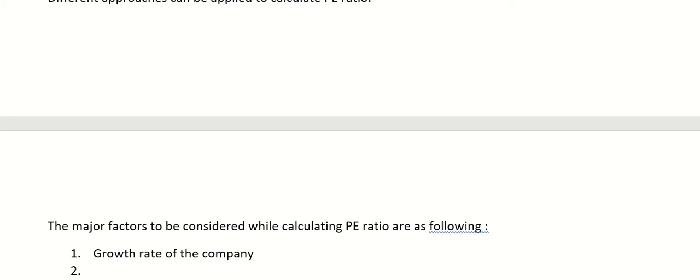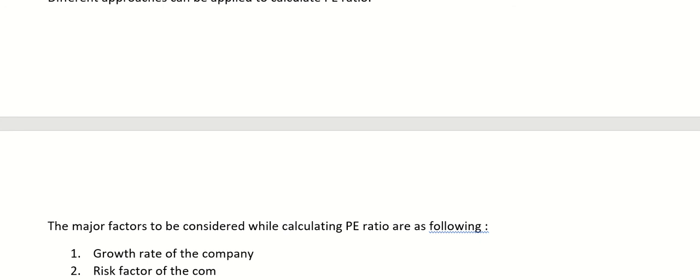If this much price I am paying, then this much should be the earning. So how do I understand how much I'm going to receive out of it? So the very first thing is, what is the growth rate of the company? How frequently the company is growing in income.